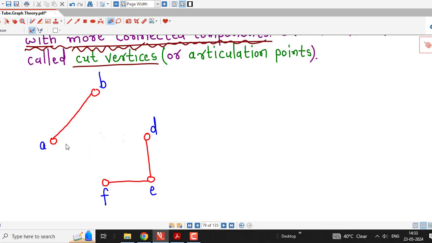Our given graph becomes disconnected after removing vertex C and all edges incident with vertex C. That means vertex C is a cut vertex, or it is an articulation point. Vertex C is a cut vertex for this graph. So let's come back to the original graph.